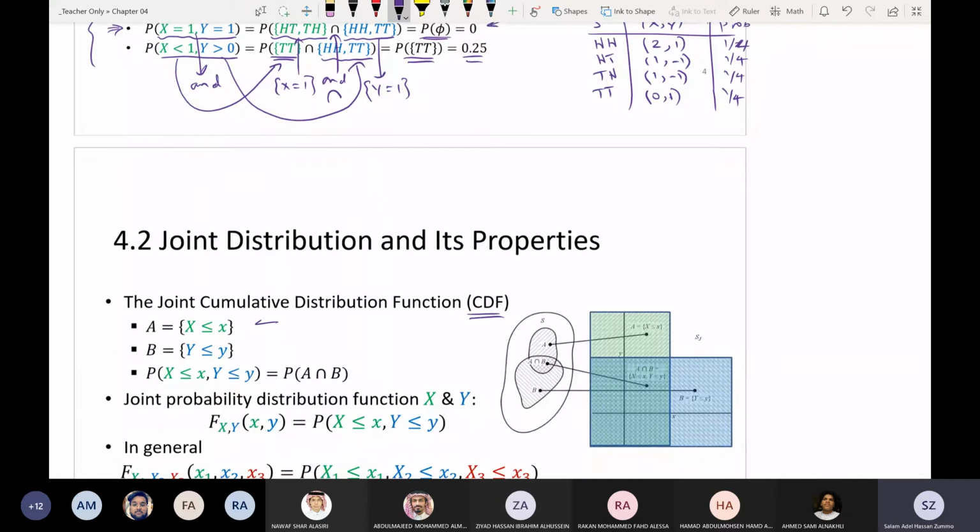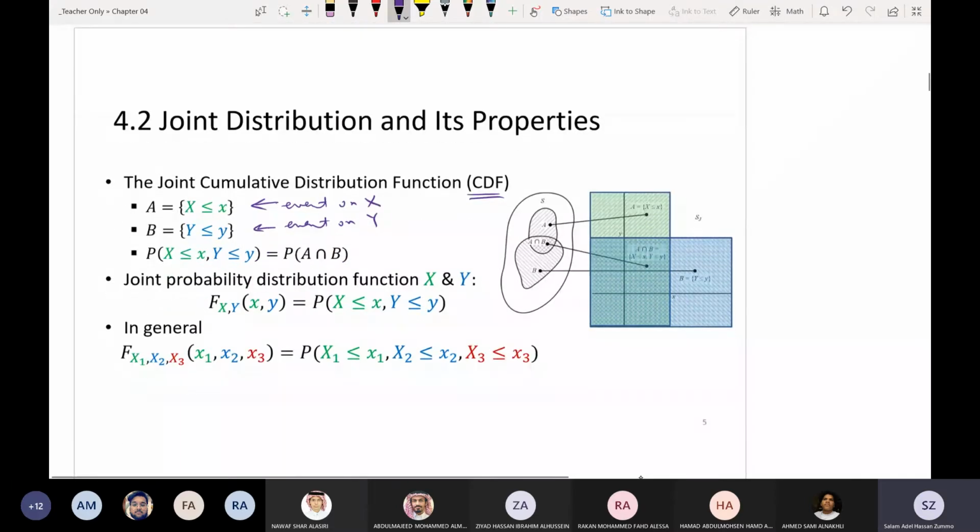For example, I define A as a certain event on X and B as another event on Y. If this is the two-dimensional space, then A can be X less than or equal to a specific x, the blue line here, while B is the event corresponding to Y less than or equal to a specific y, the green part.